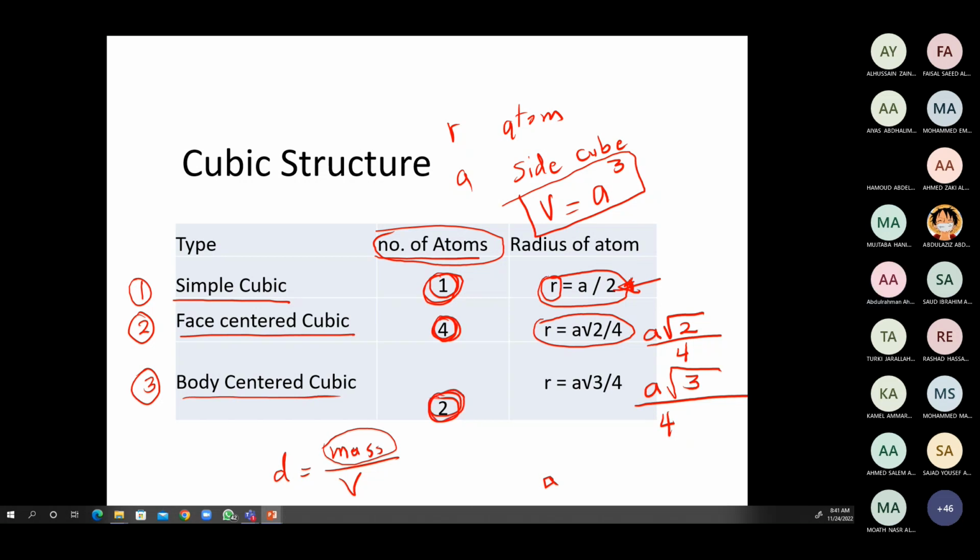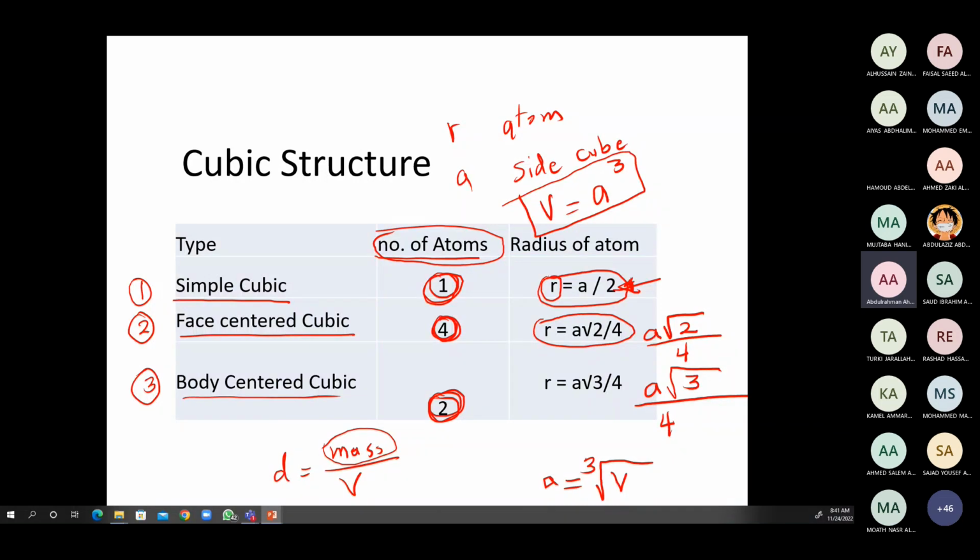And how can I calculate A from the volume? It's the cubic root of volume.